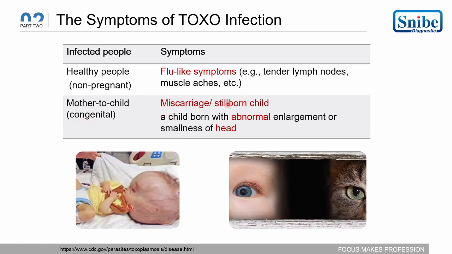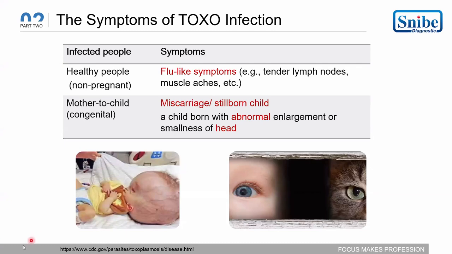They have a miscarriage, a stillborn child, or a child born with abnormal enlargement or smallness of the head. These are the typical clinical symptoms of the fetus, which give evidence that the baby was maybe infected with toxo during the pregnancy.